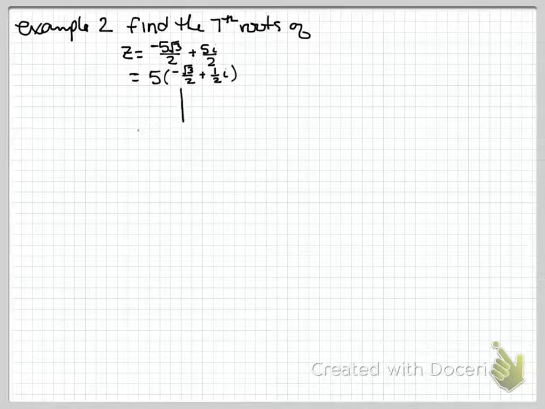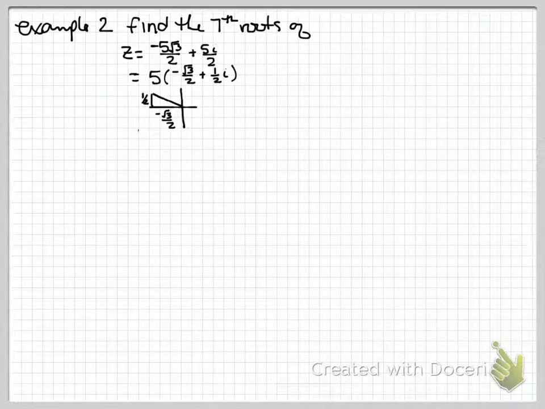If I graph that, that's in the second quadrant. I do the Pythagorean theorem of the 1/2 and the root 3 over 2, and I'm going to end up with 1 here. So this is on our unit circle. So what's our theta?